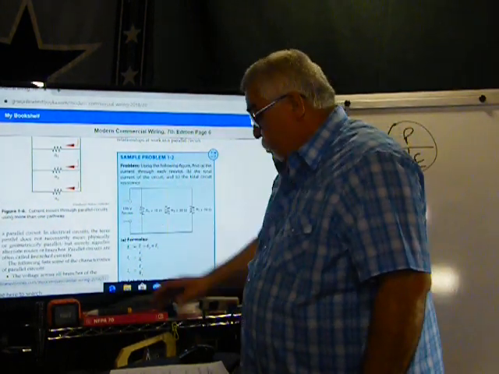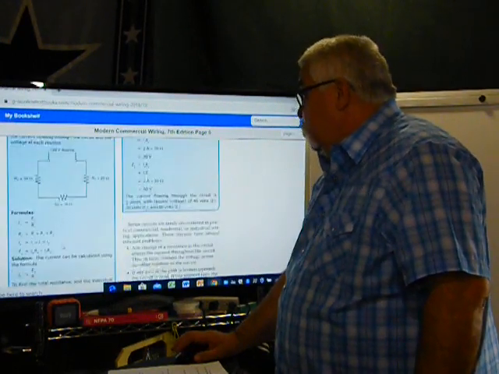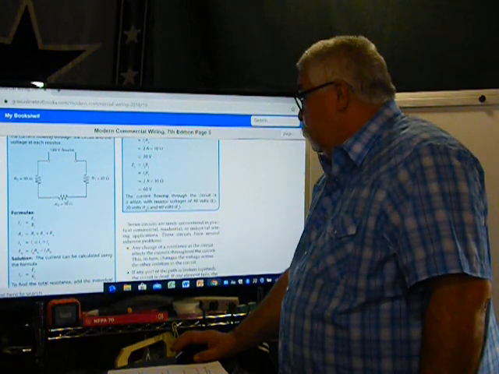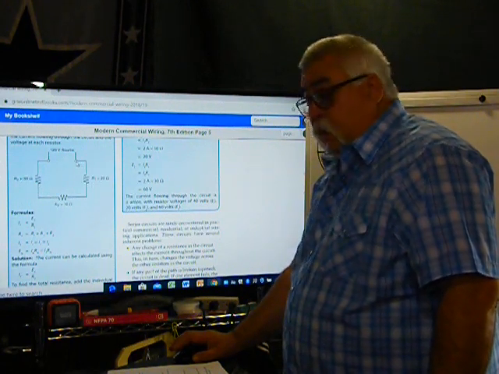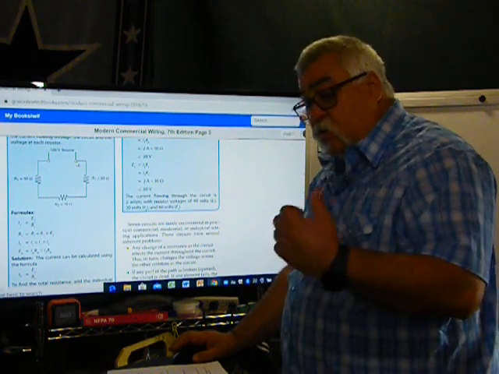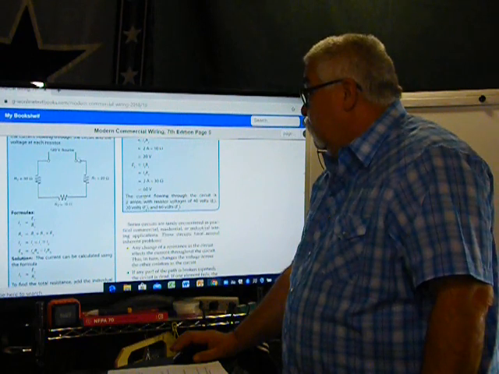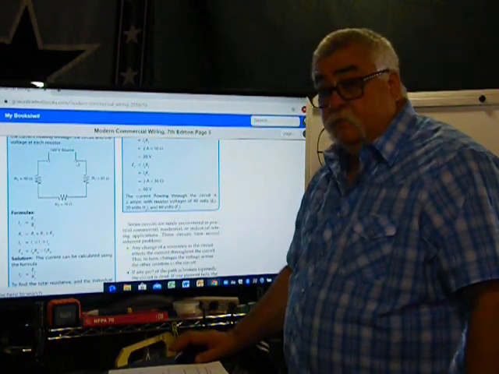Let me go back here real quick. On a series circuit, my voltage comes across here, goes down, comes across here, and then gets back to here. The voltage is leaving the source, trying to get back to the source. There's only one path for current, so when the voltage gets back to here, it's got to be at 0.